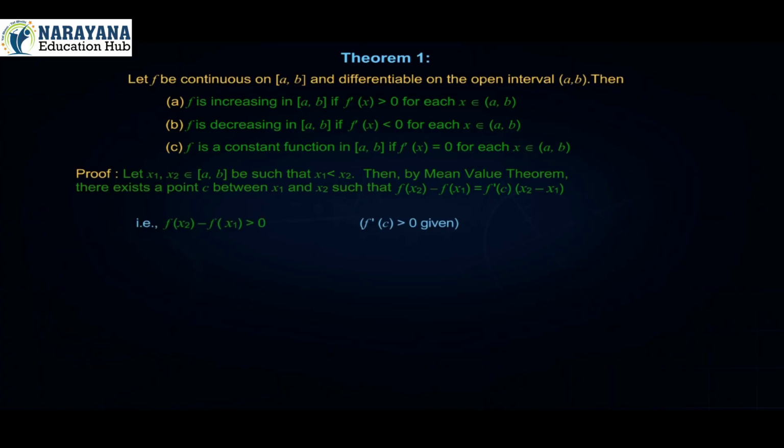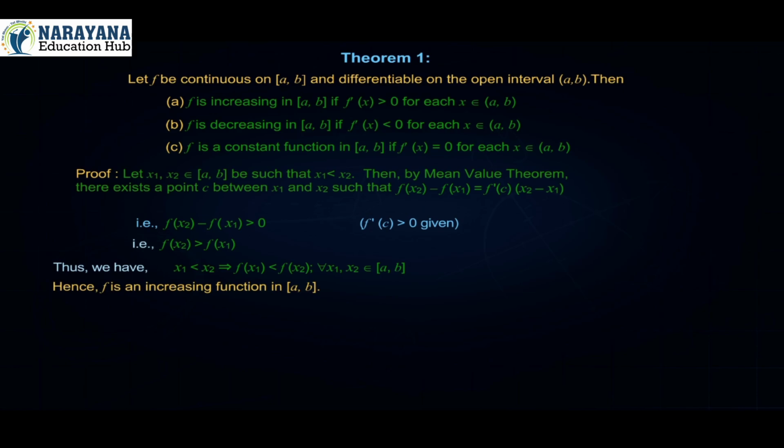That is, f of x2 minus f of x1 is greater than 0 because f dash of C is greater than 0, given. That is, f of x2 is greater than f of x1. Thus, we have x1 less than x2, which implies that f of x1 is less than f of x2 for all x1, x2 belongs to the closed interval a, b. Hence, f is an increasing function in the closed interval a, b.